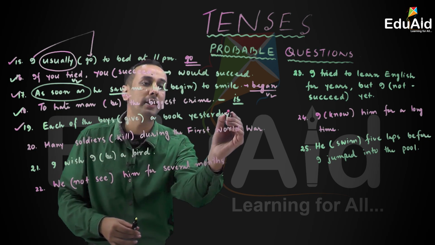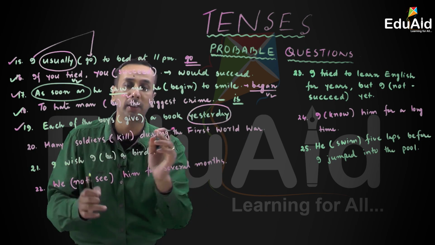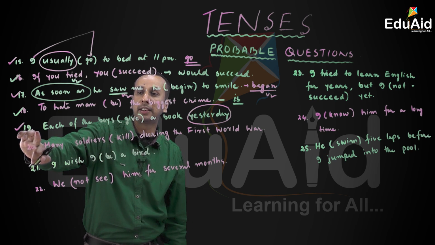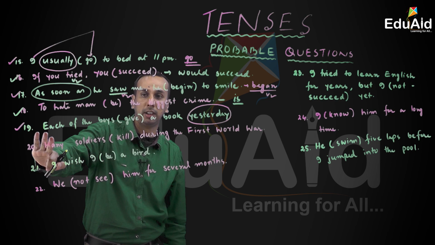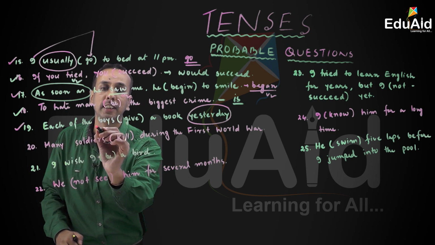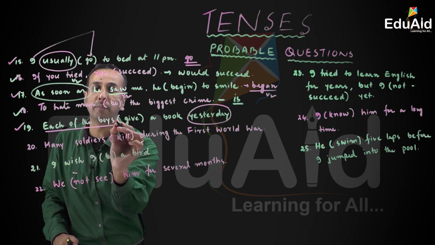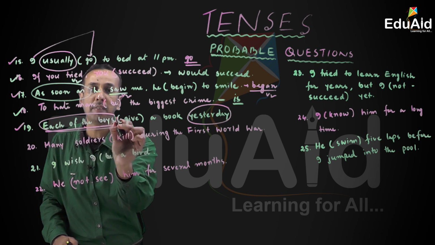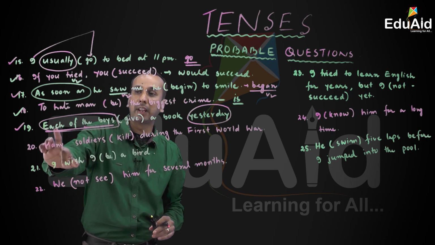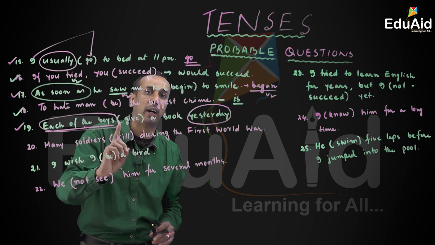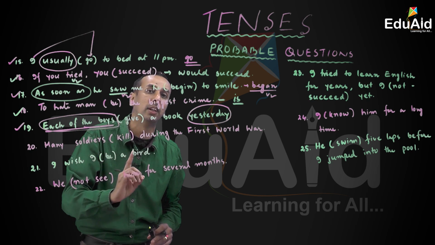Time related clue is yesterday, Joakali. Now this is another tricky question that can be given on the day of your exam. Each of the boys. Don't be confused, the subject of the sentence is not the boys, it is each of the boys. In subject verb agreement norm, each of the boys, we are referring to one individual subject, a singular subject here.